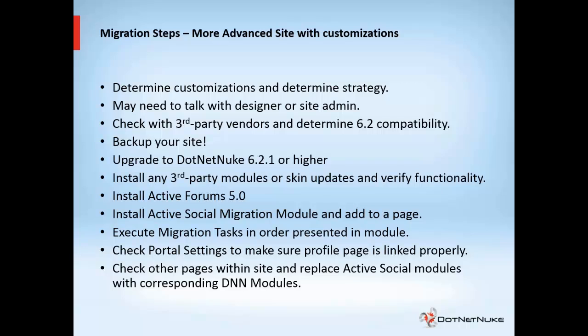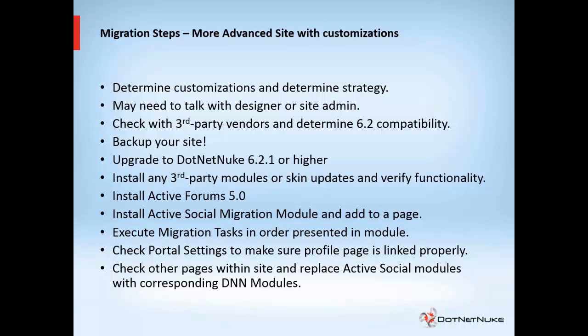I have seen instances where people heavily customize the Active Social journal and some of the UI capabilities. So you'll need to see how that applies to the journal that's in 6.2. Do you have to do those customizations again, or is the capability in 6.2 what you need?